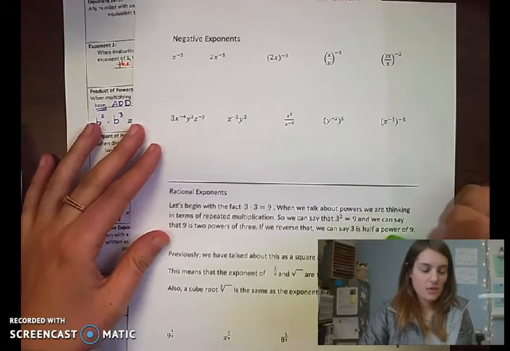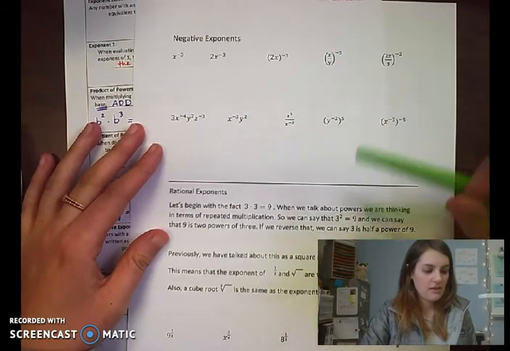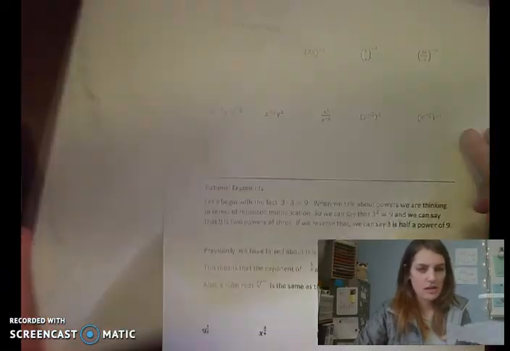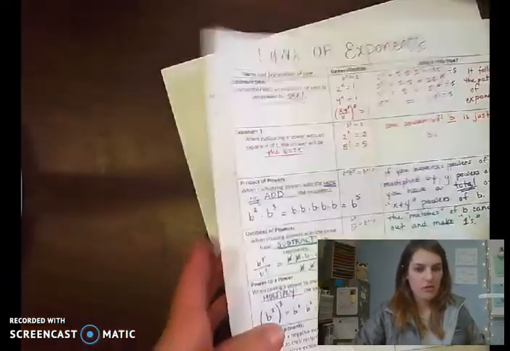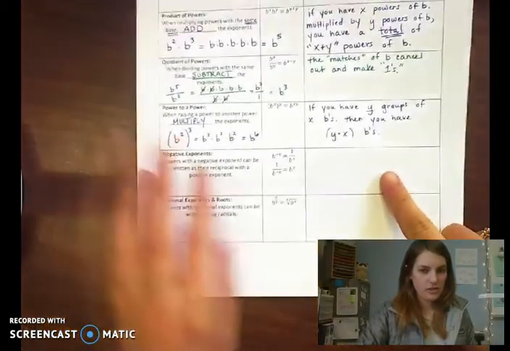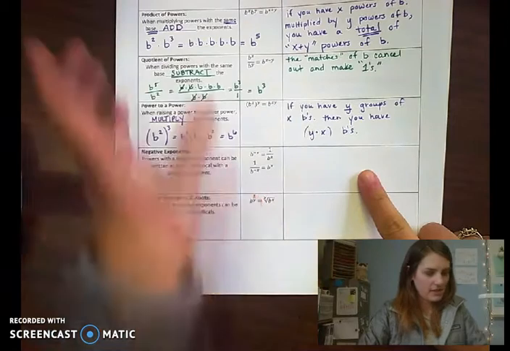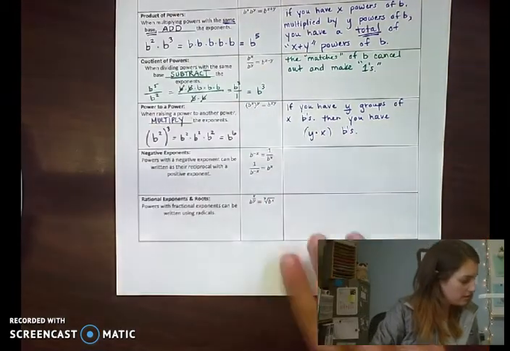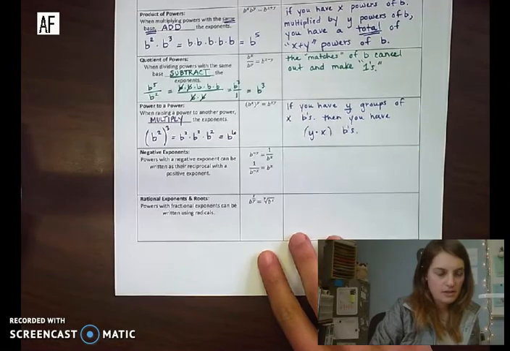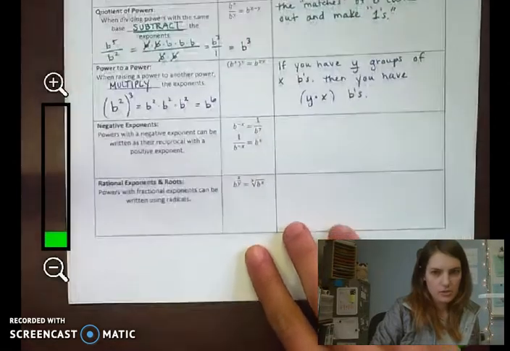But for this video, we're just going to be talking about negative exponents, and we're going to start with the overview of all the laws and go down to the row that says negative exponents. And let's zoom in. Okay.